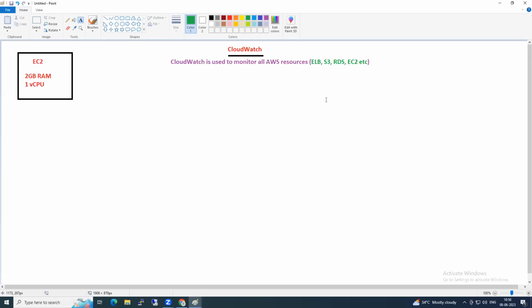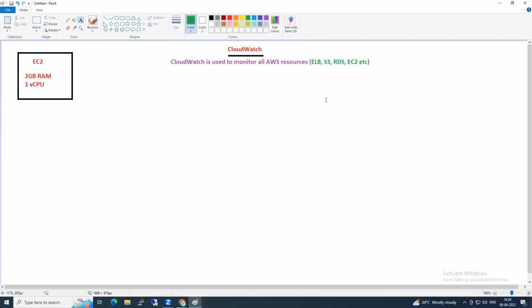Will it ring at 4 o'clock, or 4:30, 4:45, 4:59? No. Exactly at 5 o'clock it will ring, because that is the threshold value, the value that you have set.